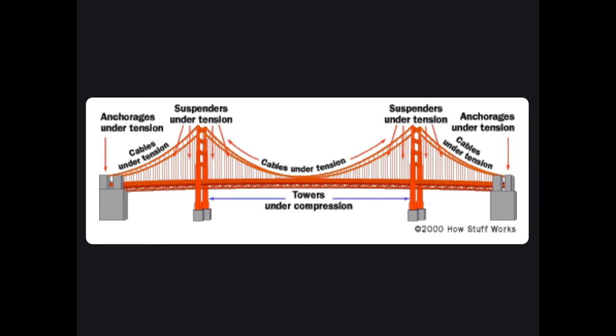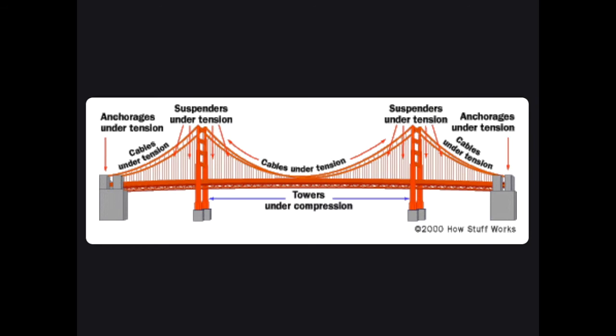The anchorages, that's where the cables are attached to, they're going to be pulled. The cables are going to feel tension. They're draped over the towers. They're going to push all the weight from the roadway down onto those towers. And those towers are going to be squeezed between the weight of all of the traffic and the earth. So they're going to be under compression.